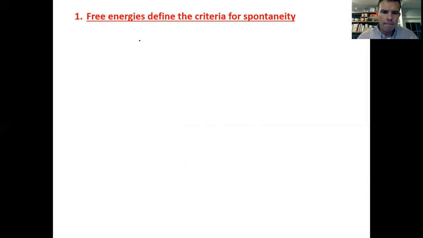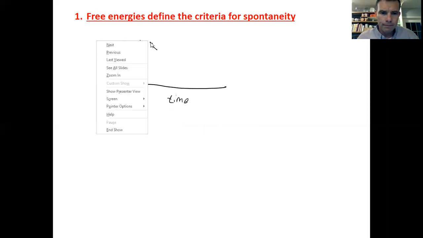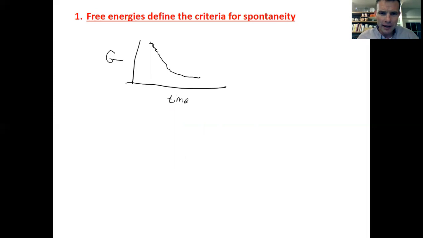If I made some plot of the Gibbs energy versus time, what will happen is that this will decrease, decrease, decrease, and then eventually it will bottom out. Up in this region, if delta G is less than 0, if it decreases, a spontaneous change occurs.